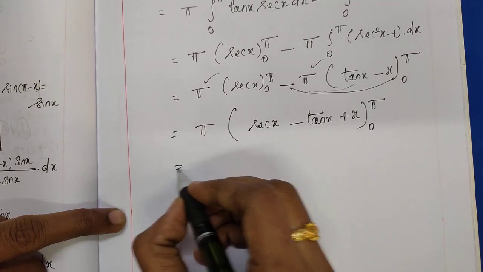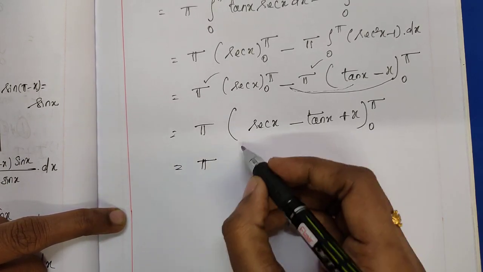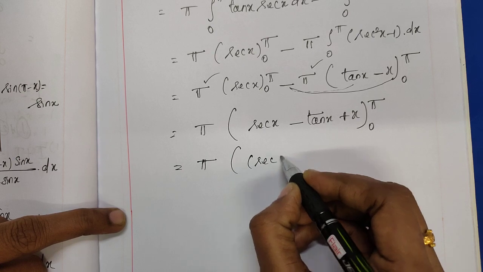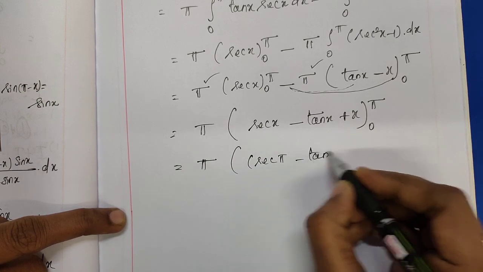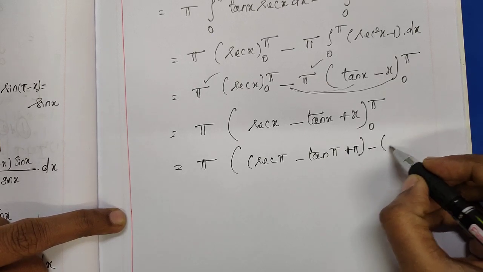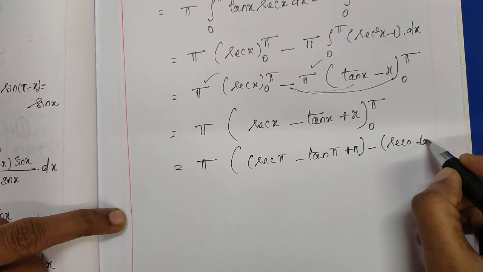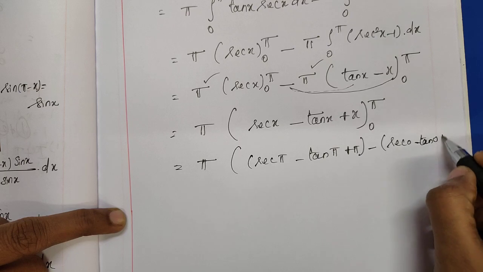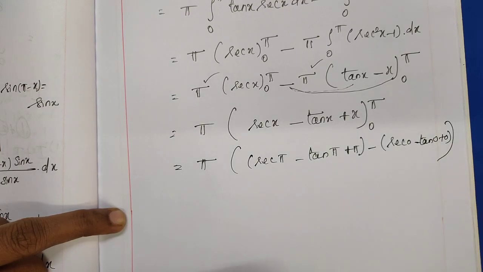Now apply the upper limit and then the lower limit. The upper limit is secant pi minus tan pi plus pi. The lower limit is secant 0 minus tan 0 plus 0.